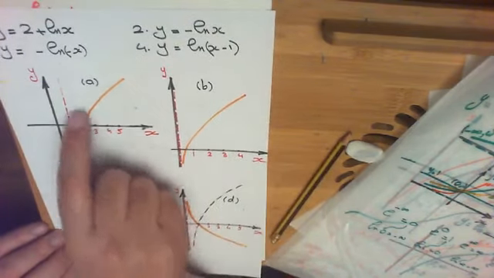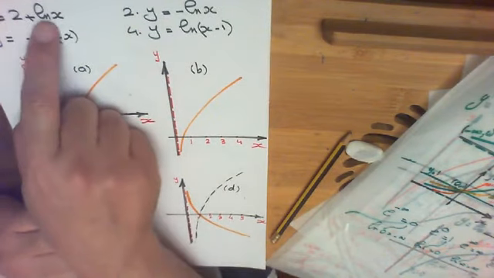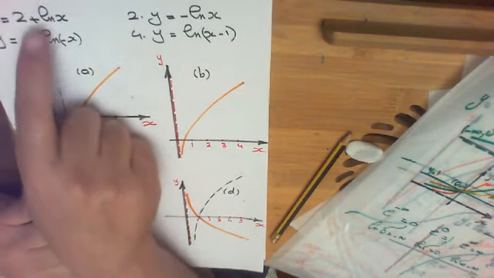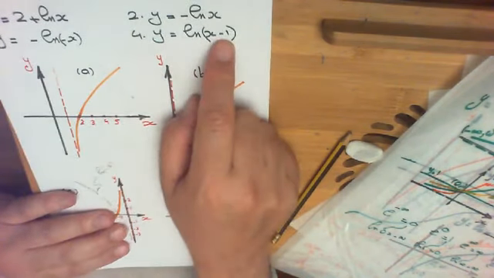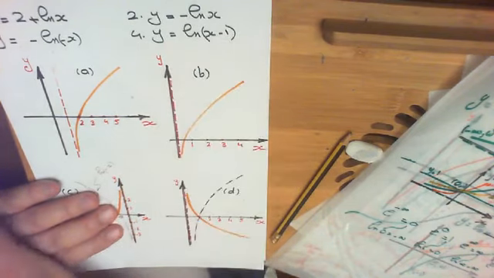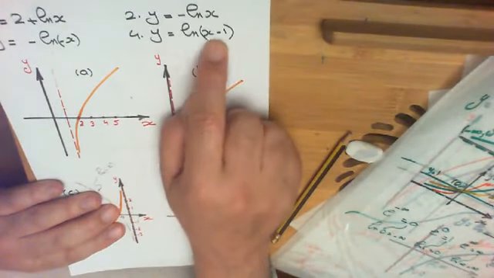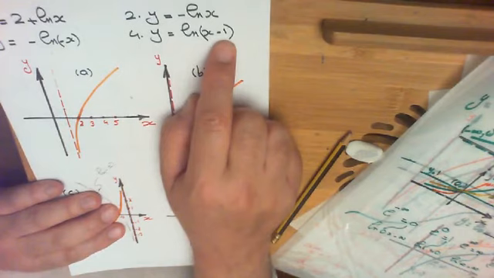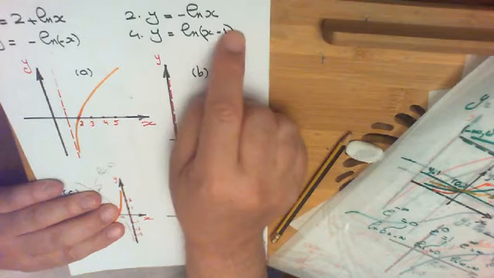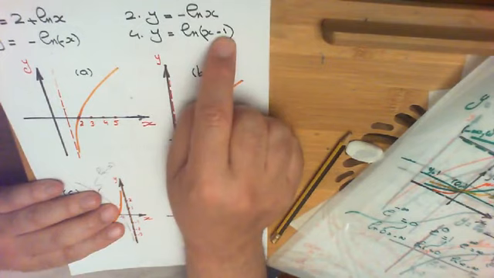Now, what about A and B? We discussed a problem similar to this, and similar to this. X minus 1, as you remember, means shift to the right. As you remember, if the argument of ln is 1, ln will be 0.